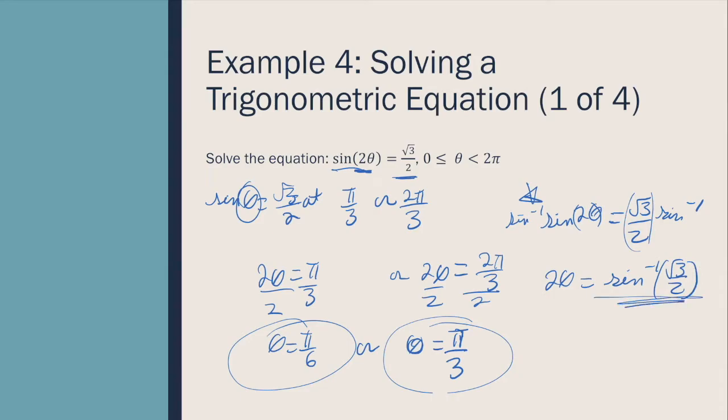And that has two possible values of pi over 3 or 2 pi over 3. And that's another way to solve for theta.